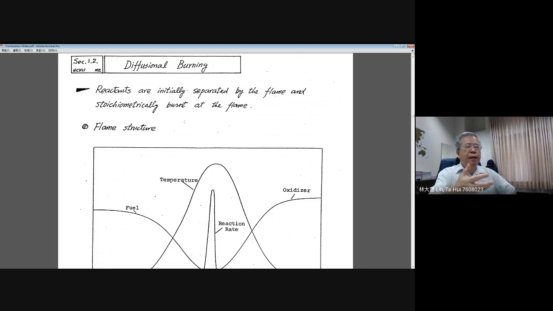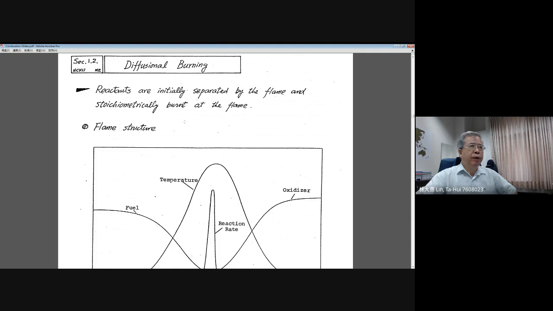Okay. And always at the position of a premixed flame, the burning status is not necessarily stoichiometric burning. For example, for the lean burning, they will have extra oxygen existing in the reaction zone. For the rich case, you will have extra fuel existing in the reaction zone.